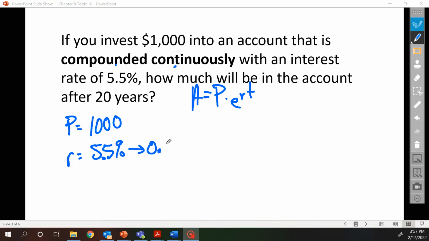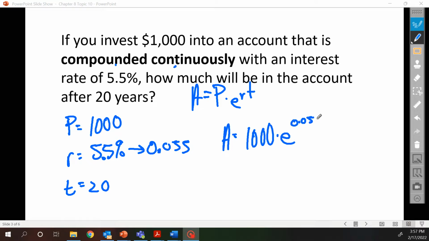However, we do convert this to a decimal, dividing it by 100. T, time period, is 20 years. So this is going to be pretty easy to calculate. We just plug it into the formula, 1,000 times e to the 0.055 times t power.